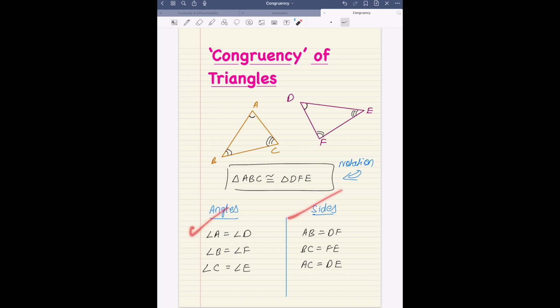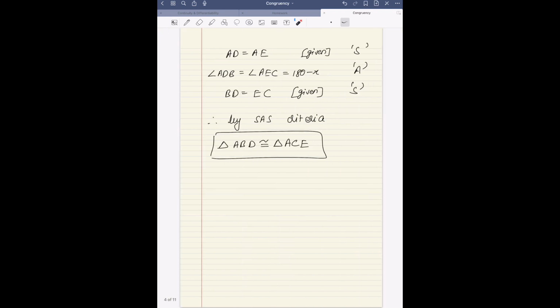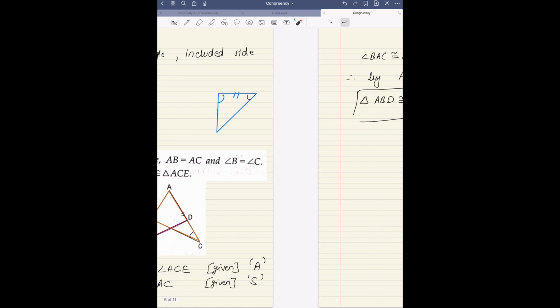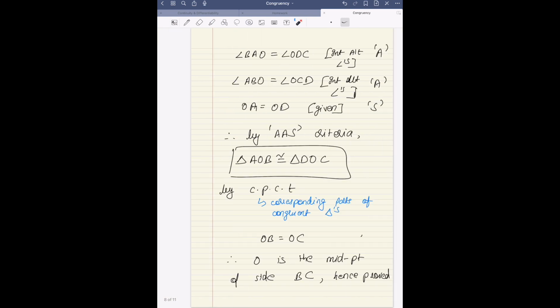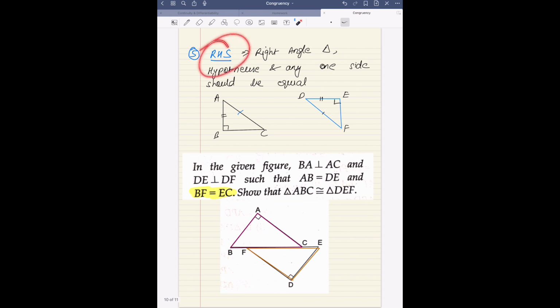These are the conclusions, that corresponding angles and corresponding sides are equal. This is the prelude: first prove that two triangles are congruent. How will you prove it? By SAS or ASA or AAS or triple S, and if you have a right angle triangle, go for RHS.